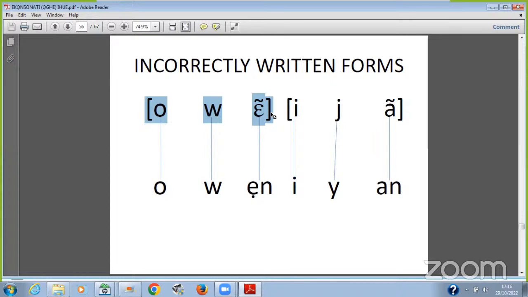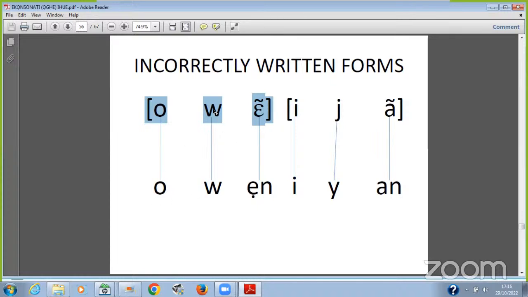So if you take one sound, one letter, the first O, this is supposed to be correctly written as Onwe. This is O, written with the letter O here.